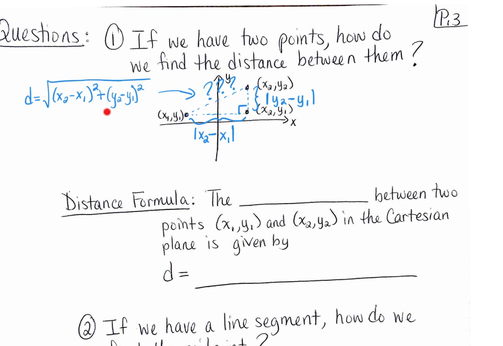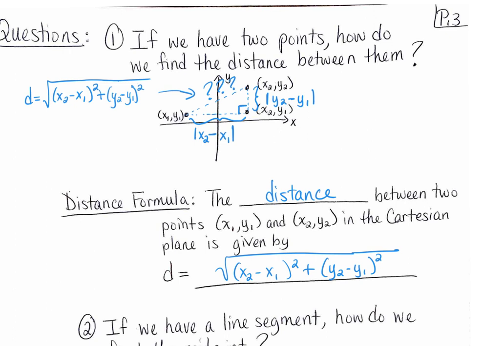To officially define it, the distance formula, the distance between 2 points x1, y1, and x2, y2 in the Cartesian plane is given by D equals the square root of the quantity x2 minus x1 squared plus the quantity y2 minus y1 squared. That's how we find the distance.